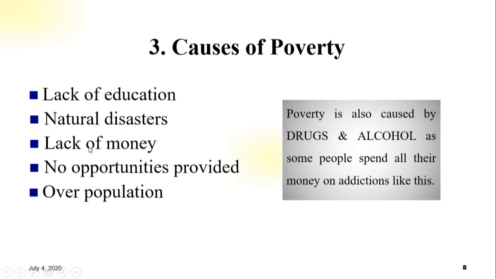And one more point, lack of money. Lack of money is a key element in the failure to address this problem. The lack of money, I mean not enough money to spend for their daily life.